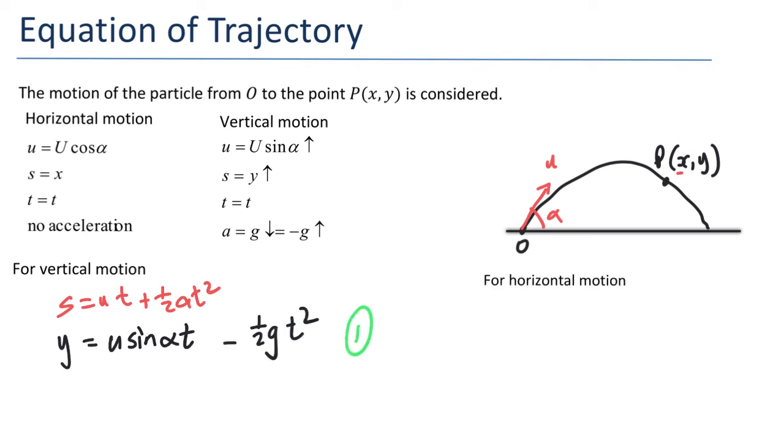For horizontal motion, we have s equals vt. So s is x, and vt is u cos alpha t. And that's going to be our second equation. So what we're really looking at for the equation of trajectory is an equation connecting y and x and alpha. Those are the things that will be dependent on each other: x, y, alpha and u.